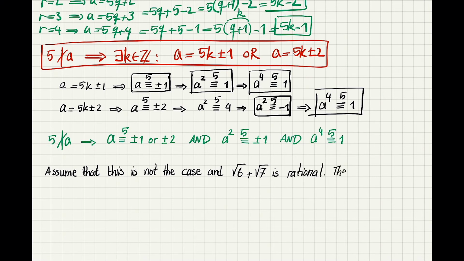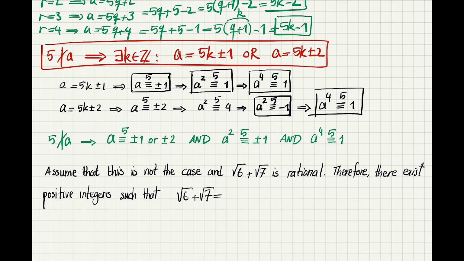Therefore, there exist positive integers a and b such that square root of 6 plus square root of 7 is a over b, where the GCD of a and b is equal to 1.